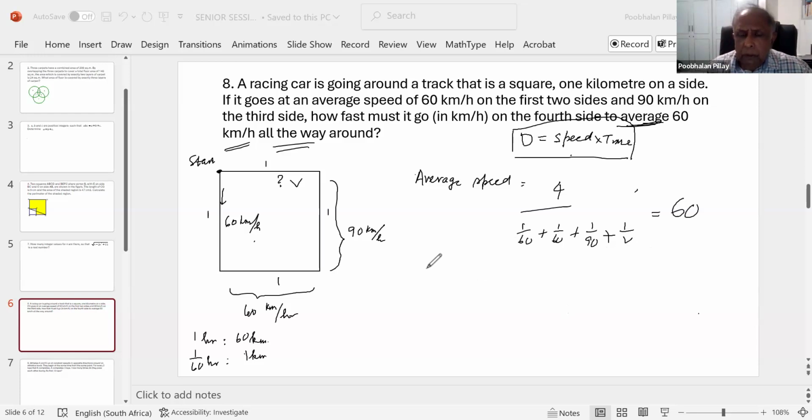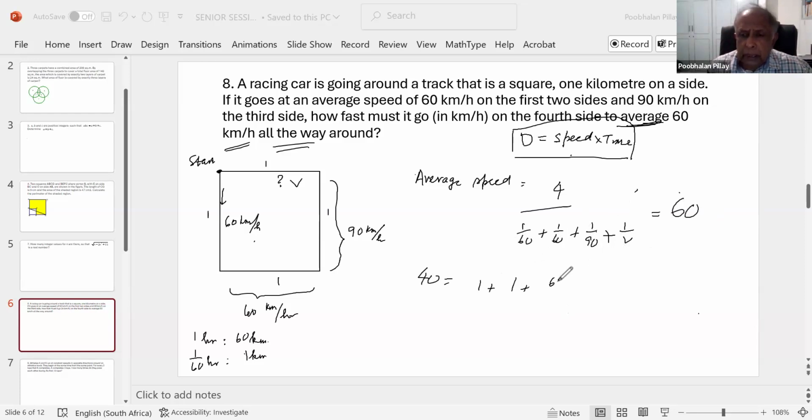Okay, so you have 4. Let's multiply on both sides. So you have 60 times 1 over 60 is 1. 60 times 1 over 60 is 1.